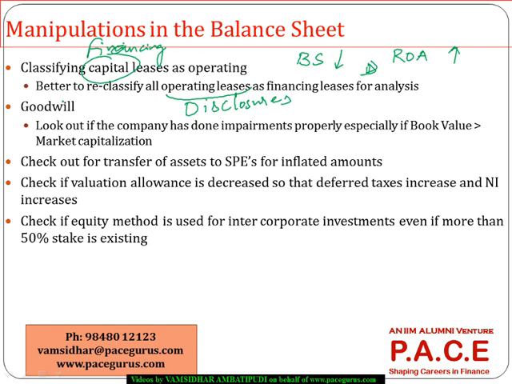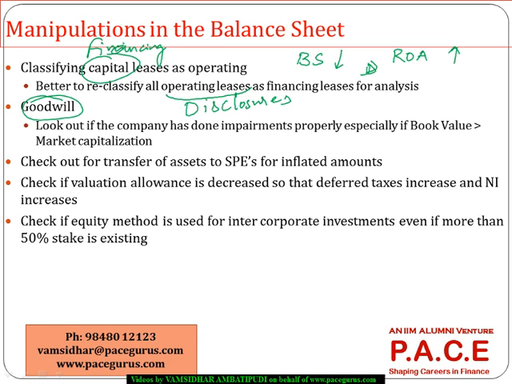Similarly, companies can play around with goodwill. They don't impair the goodwill, though there is a huge impairment in the goodwill, so they keep showing much higher net incomes, even though some impairment is due every year because of the goodwill. Companies don't want to show such things in their income statement and balance sheet.